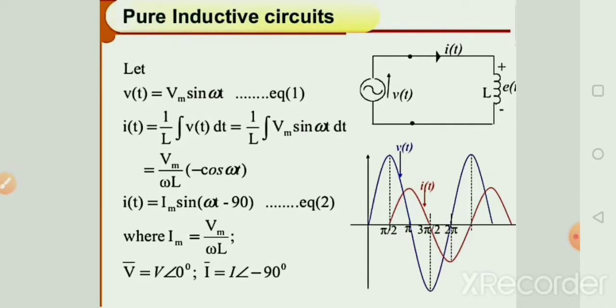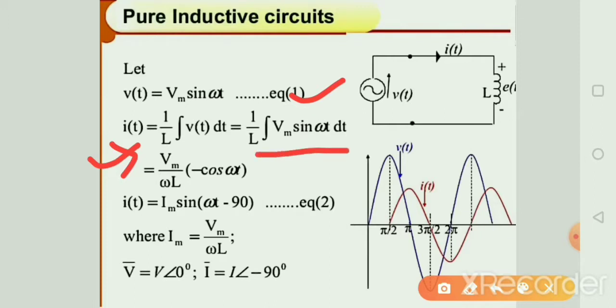So we know that the supply is V equals Vm sin omega t, and by Faraday's law, if we integrate, we get i equals 1 over L integration of v(t) dt. So if we put Vm sin omega t in place of v, what is the integration of Vm sin omega t? Vm is a constant value which we supply, and sin omega t is the variable.